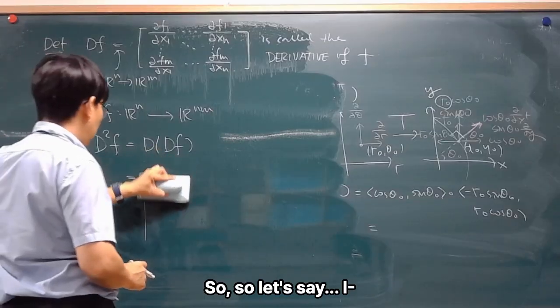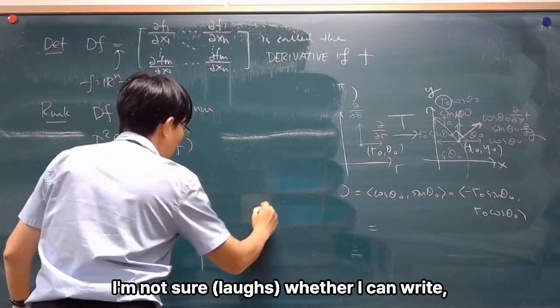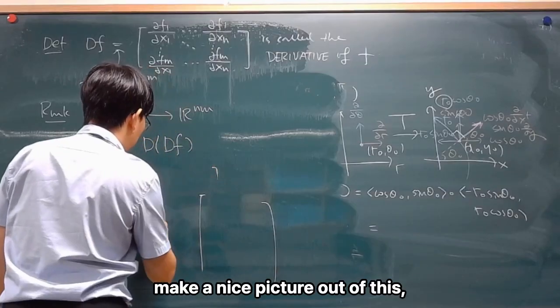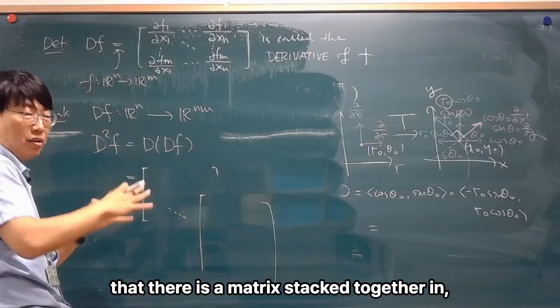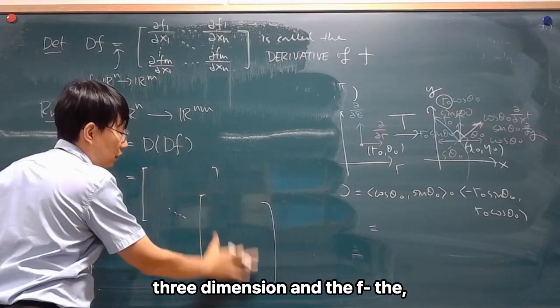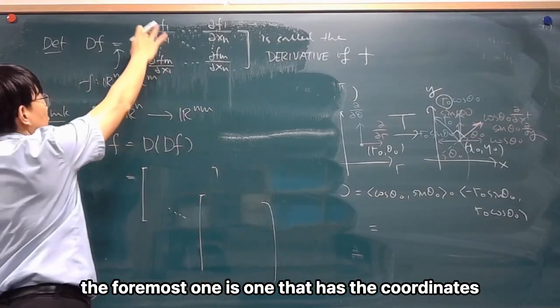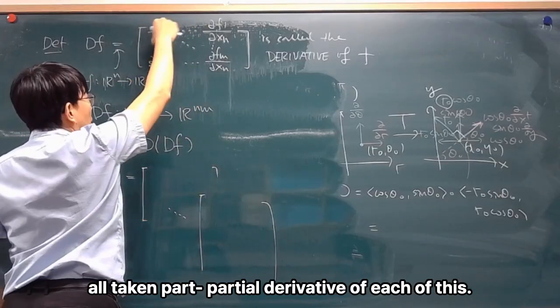Let's say, I'm not sure whether I can make a nice picture out of it, but assume that there are matrices stacked together in three dimensions, and the foremost one has all the coordinates taken partial derivative.